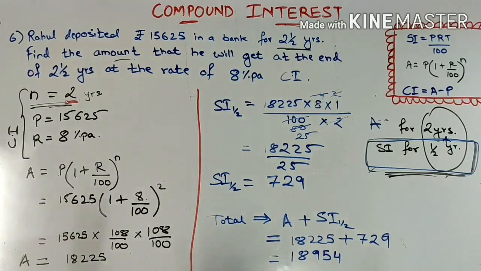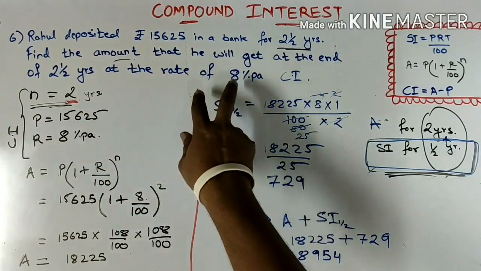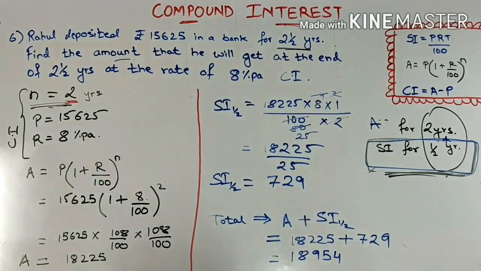So the final statement of this problem will be: Rahul will be getting 18,954 rupees at the end of 2.5 years at the rate of 8% per annum compound interest.